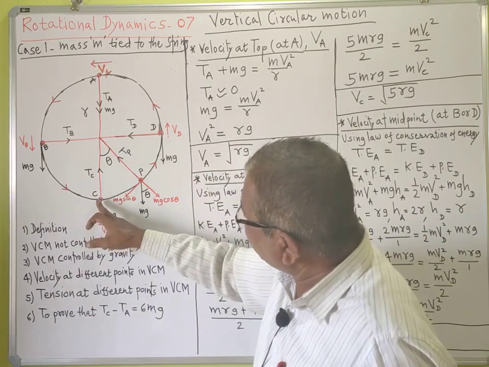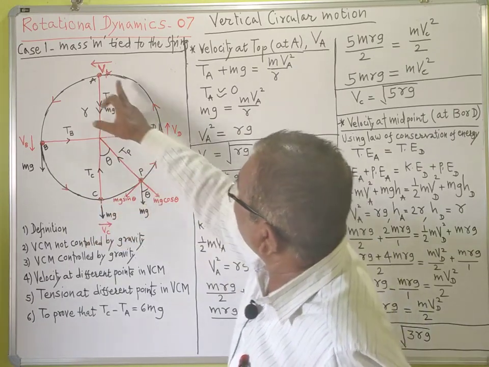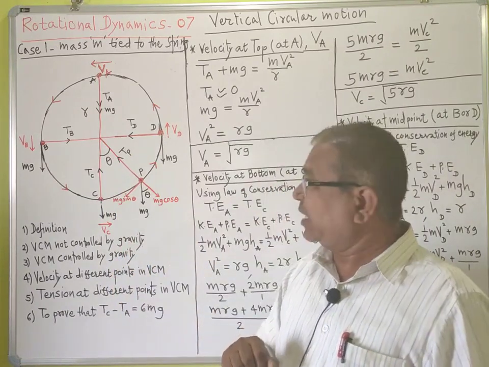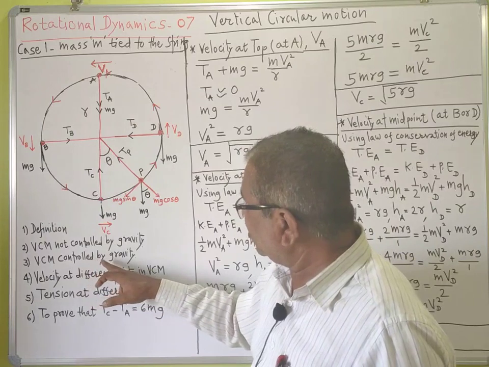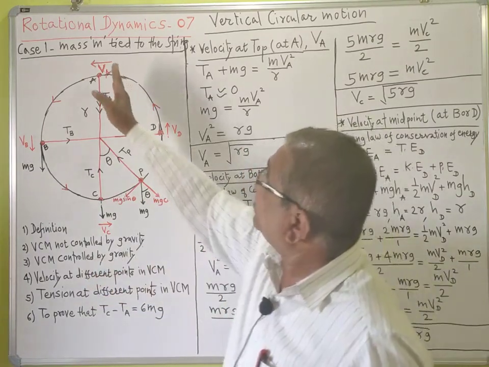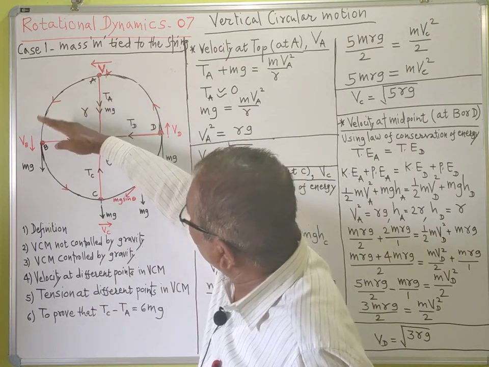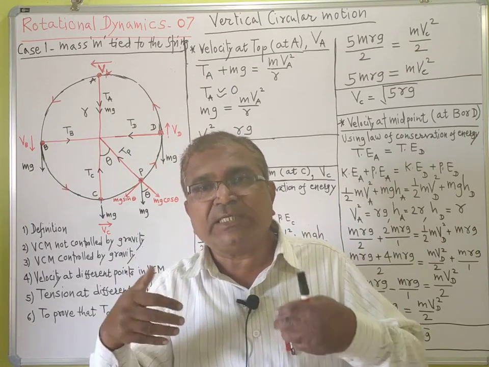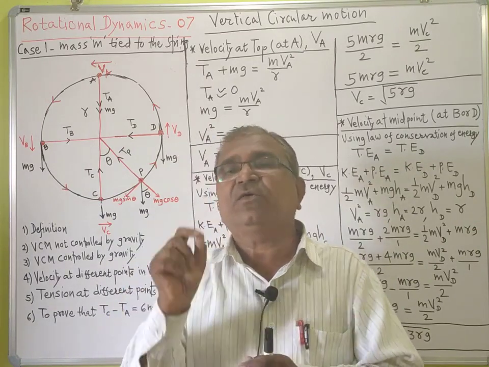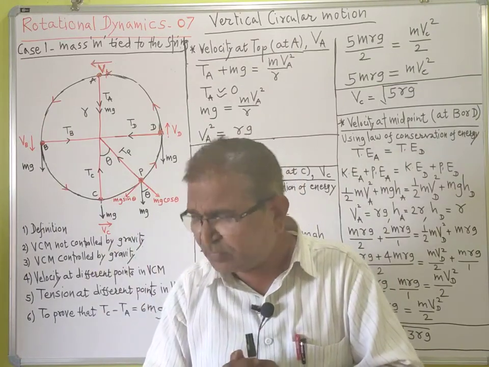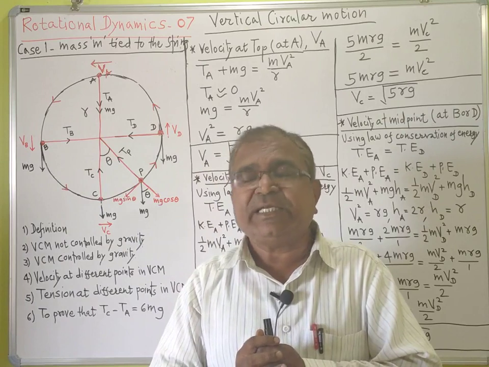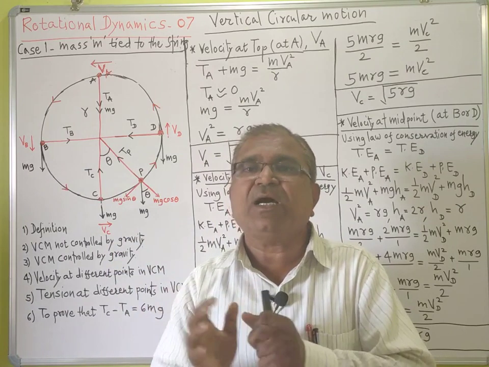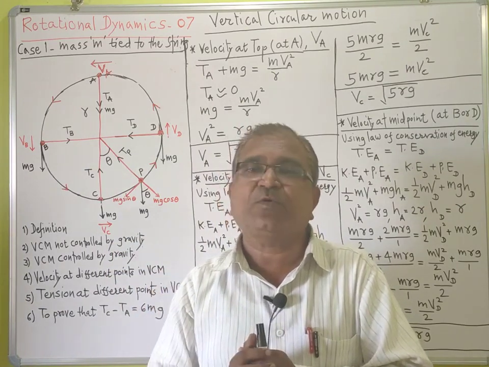That means when the particle is moving from bottom to top, velocity goes on decreasing under the control of gravity, and when particle moves from top to bottom, velocity of a particle goes on increasing during vertical circular motion.